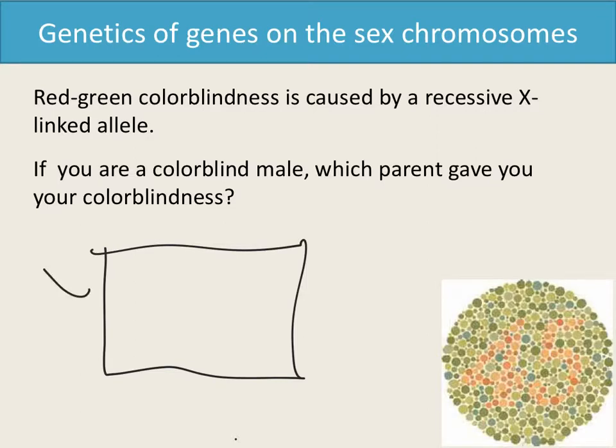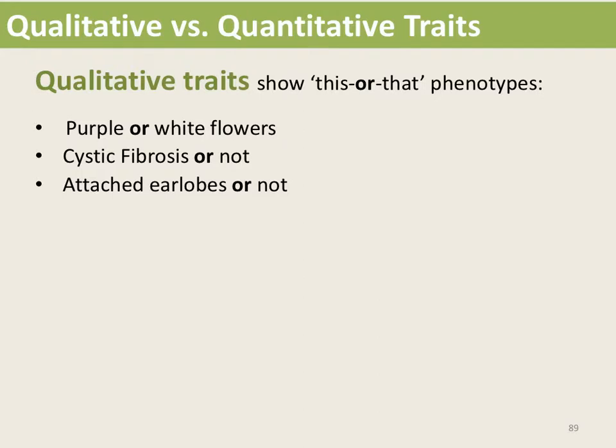So XX, XY. Colorblind is on the X chromosome. So it's always going to be, we'll say this one is always going to be donated by that one 50% of the time.